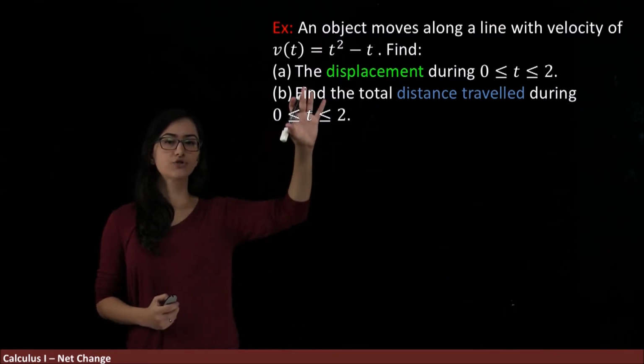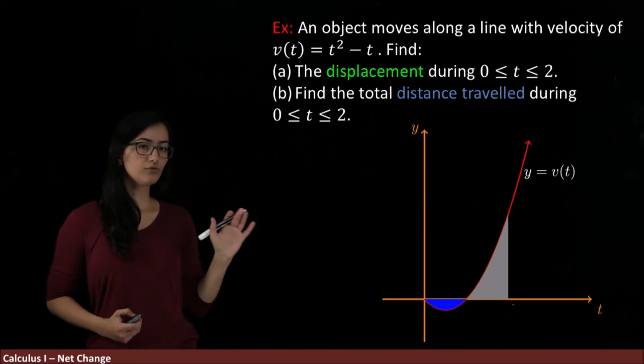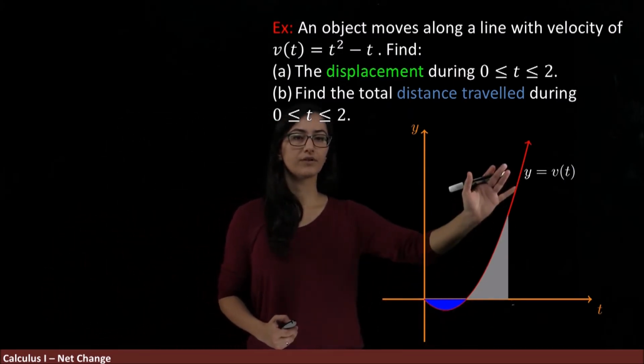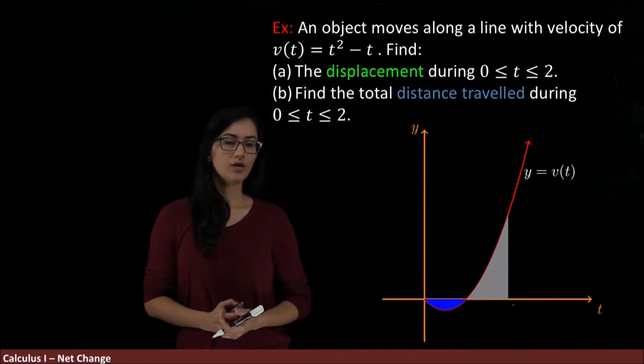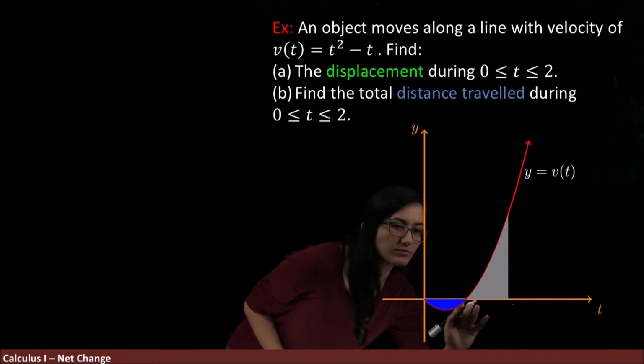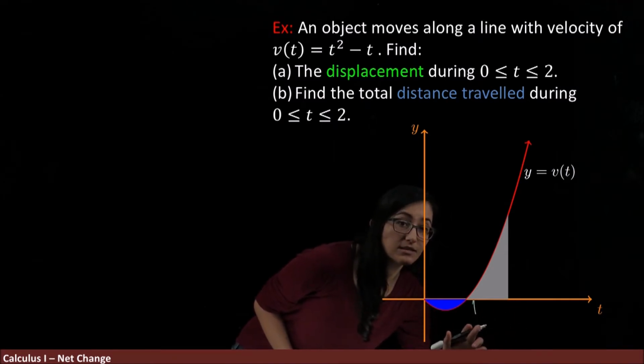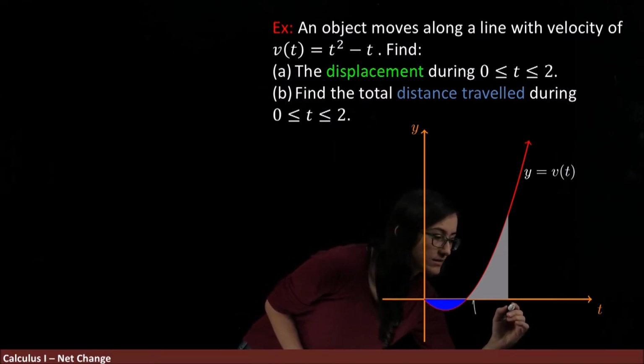So here, these two values are going to end up being different because if you look at the velocity function, let us say this is t equals 1. Let us say this is t equals 2.